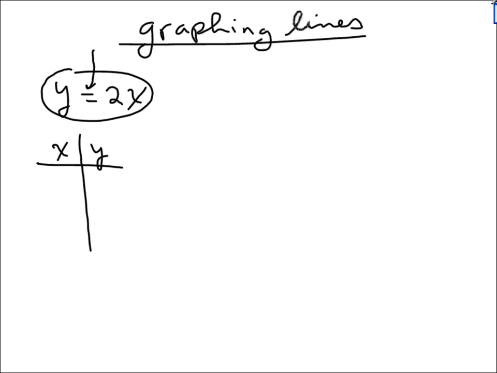Another way of thinking of equal is to think it means to get. To get y, you double x. You multiply x by 2.